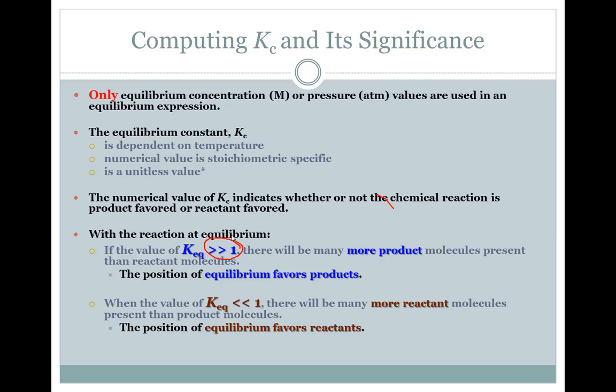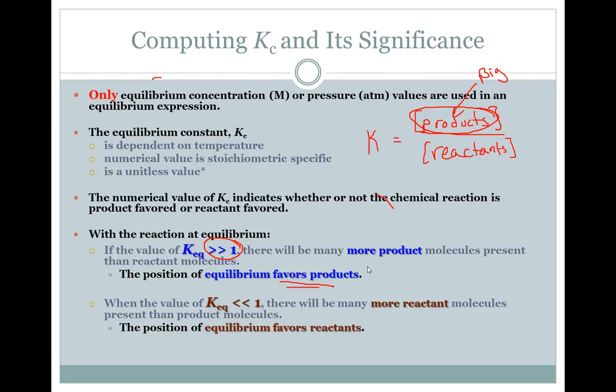So if we think about it this way, we know that K is always the products over the reactants. If K is big, that means this number up here is big. So that means that you're creating lots of products. That's why it favors the products. It favors the forward reaction.